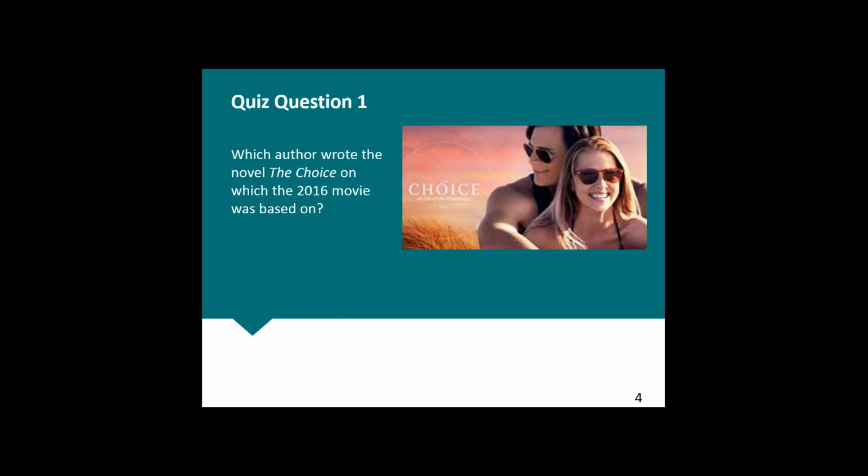So let's start with our normal quiz question. In the question box on the right-hand side, please let me know which author wrote the novel The Choice on which the 2016 movie was based on. Any ideas? And let me know if you've seen the movie. I haven't seen it. So if you use the question box, let me see, what do you guys say?